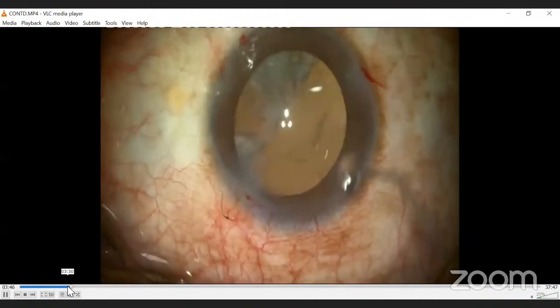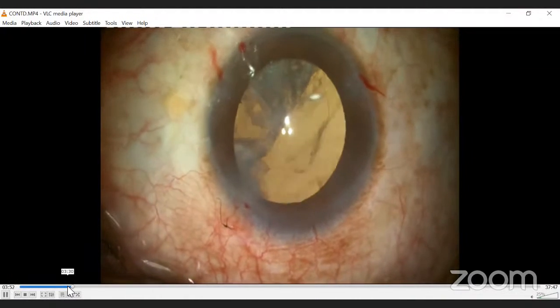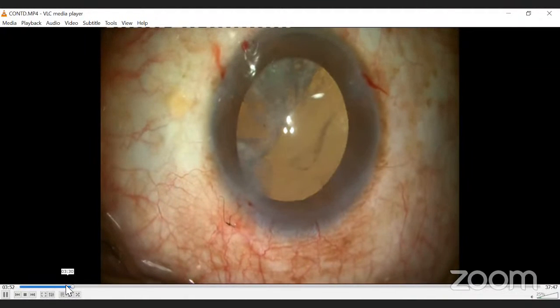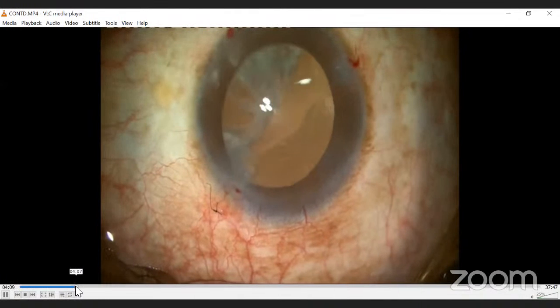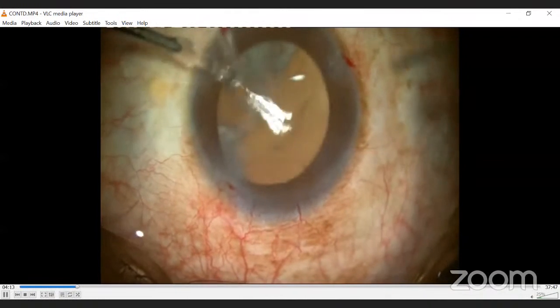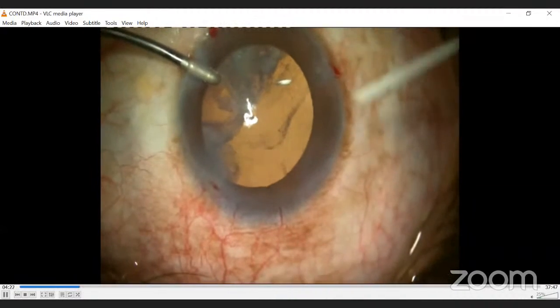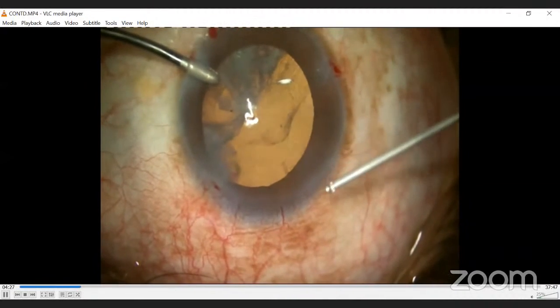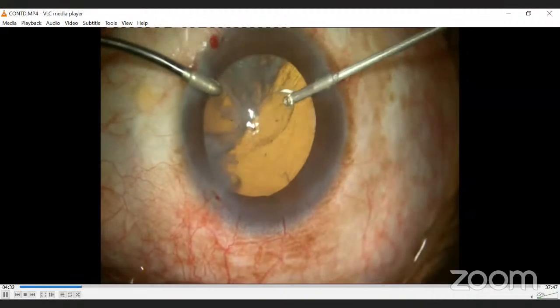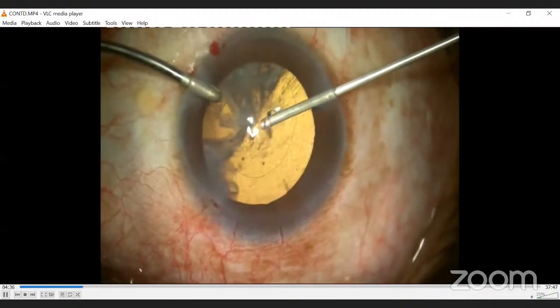We can still see the vitreous strands in the anterior chamber. So we started the vitrectomy for the visible strand of the vitreous.